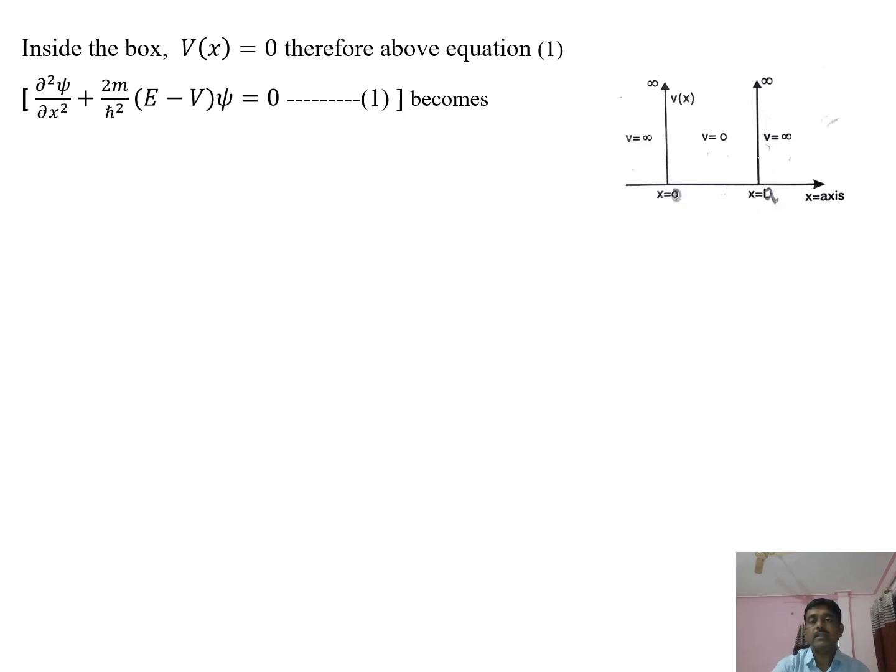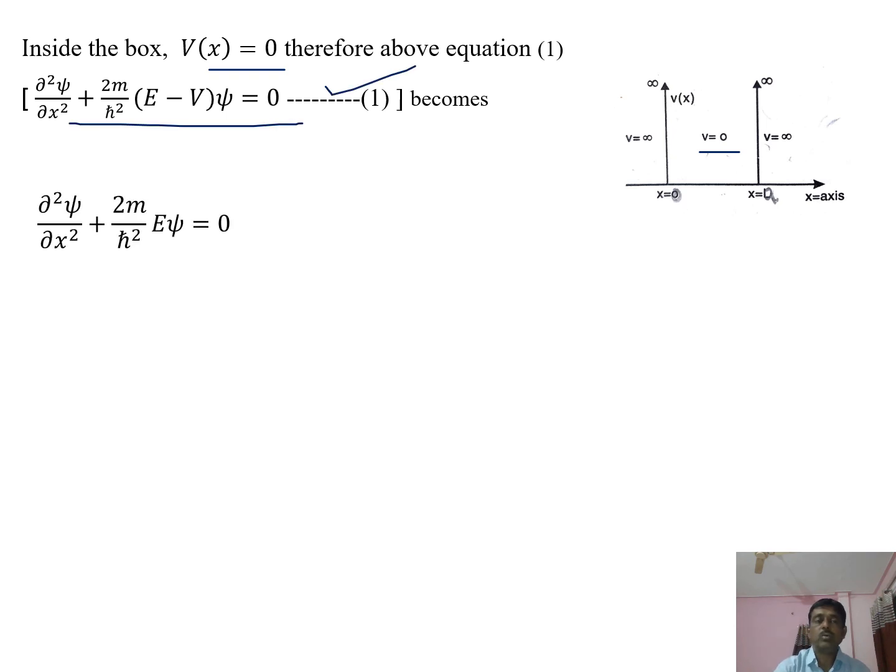We know that inside the box, the potential energy of the particle V is equal to 0. Therefore, our equation becomes d square psi by dx square plus 2m divided by h cross square E psi is equal to 0, where V is equal to 0. Hence, we get this equation.